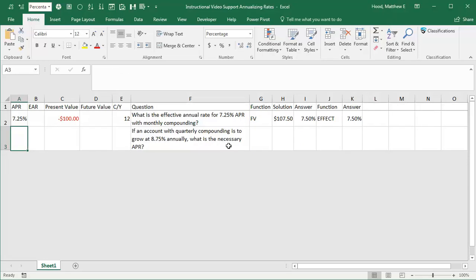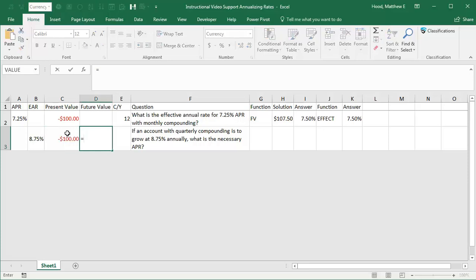The flip side of going from the annual percentage rate to the effective annual rate is to get the annual percentage rate from the EAR. So if I know that things are going to grow at 8.75% annually, then say starting at 100 at 8.75% interest, this is how fast it grew.